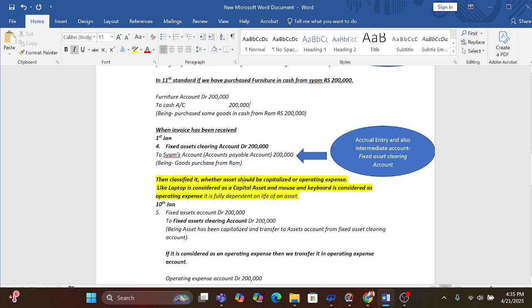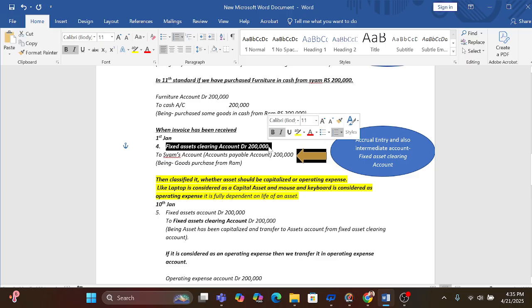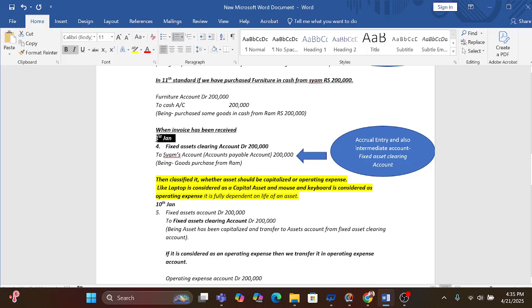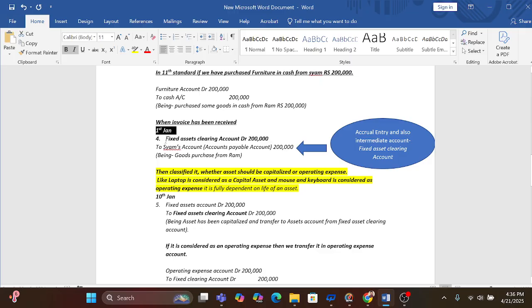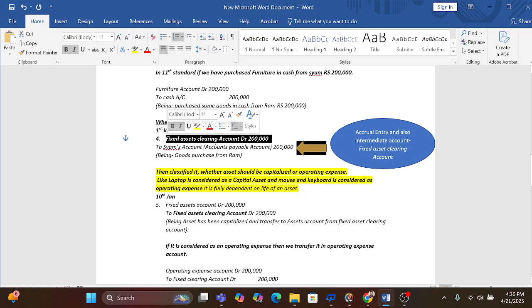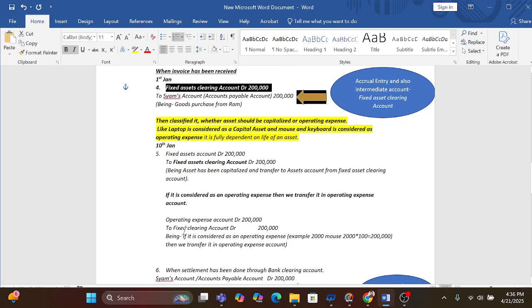Then on 1st of Jan, we don't know whether the goods which we have purchased are classified as an operating expense or will be capitalized.